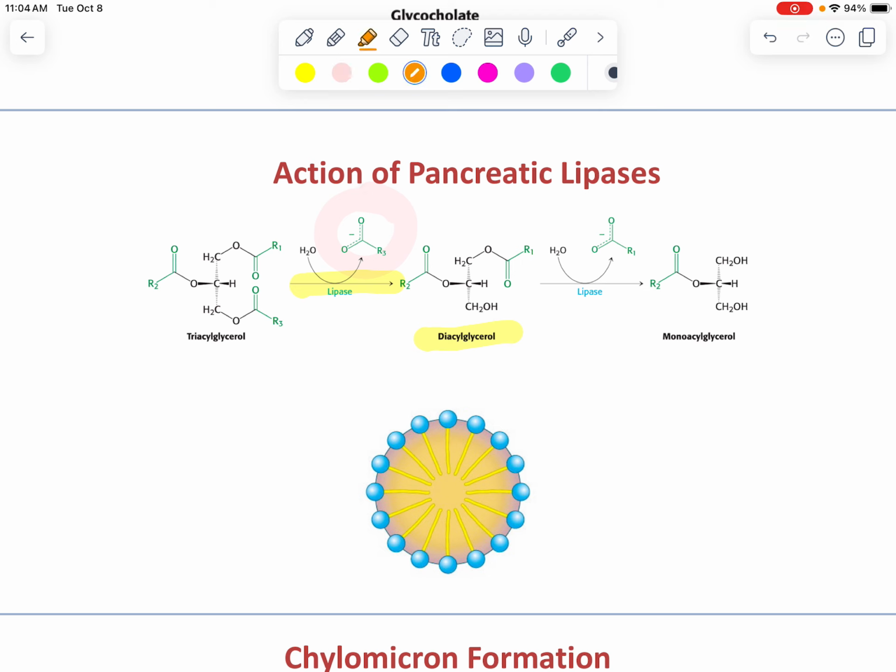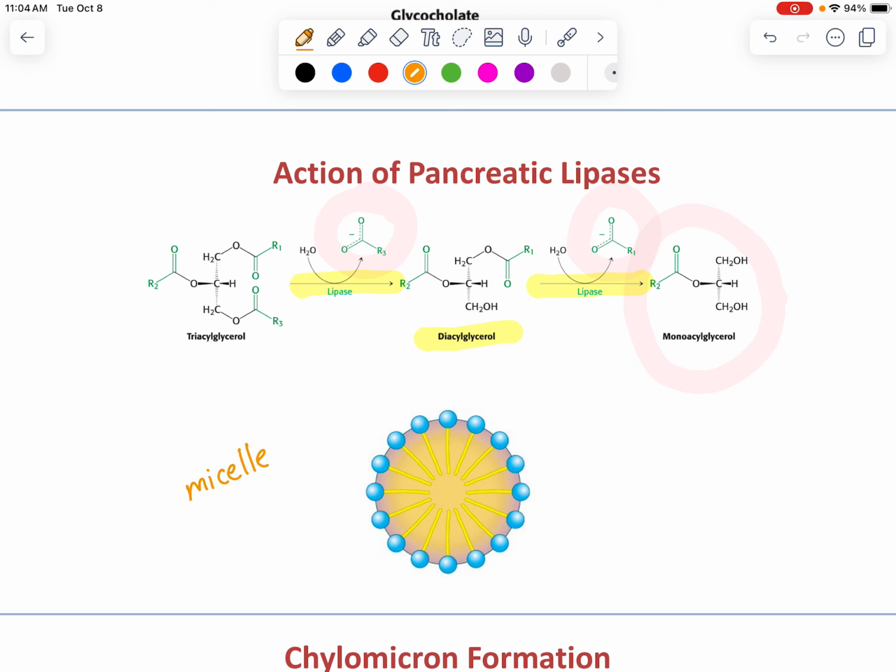We're going to see that happen again. And we're going to break off a second fatty acid. And then we're left with this monoacylglycerol. So we still have that glycerol backbone, and it has one fatty acid chain on it. Okay? And these things, remember, form micelles.